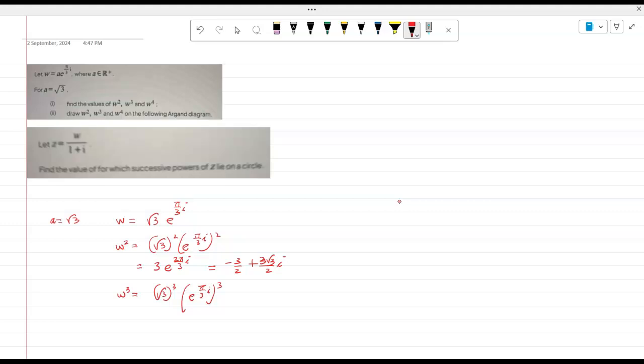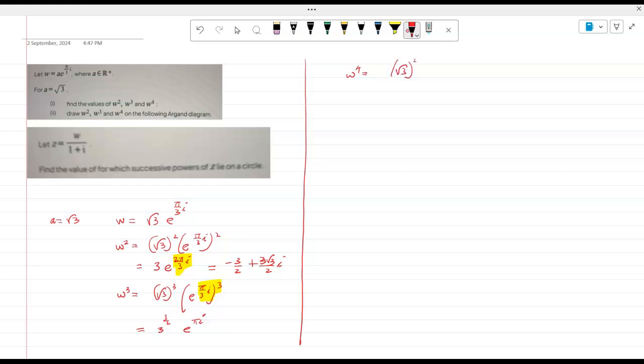Now what is happening to this part? Listen first. What is happening to this part and what is happening to this part? What is happening over here? Pi i, then omega raised to 4 will be what?